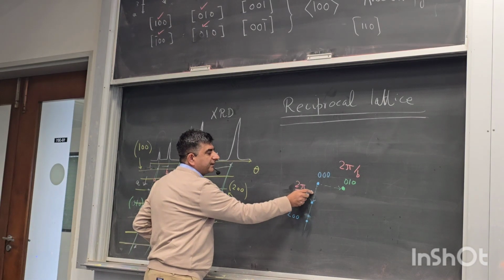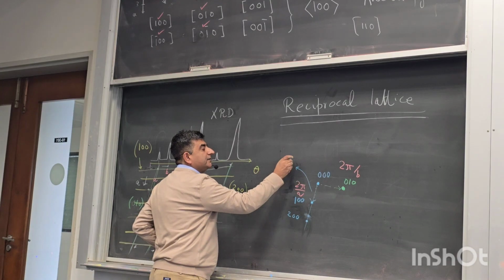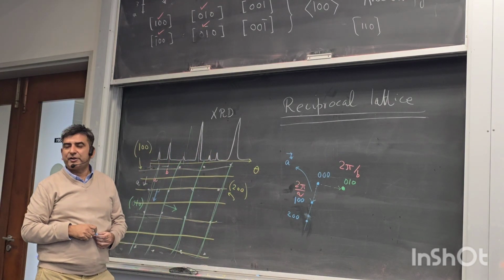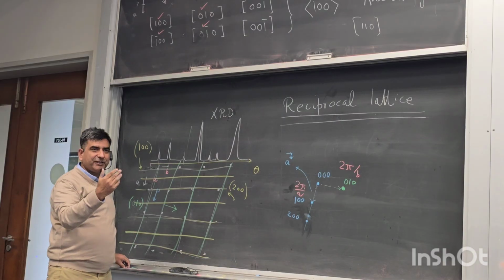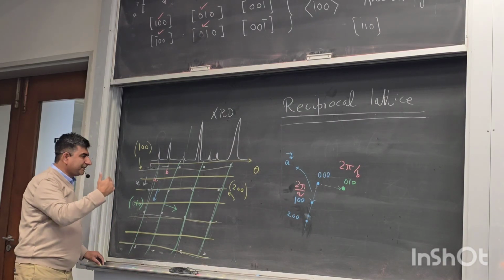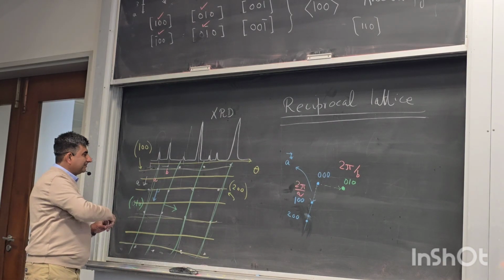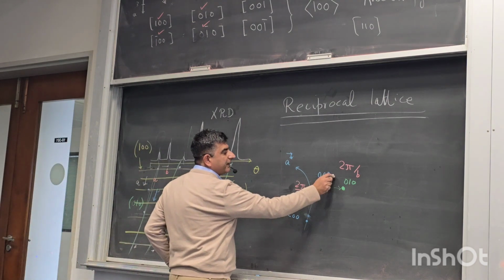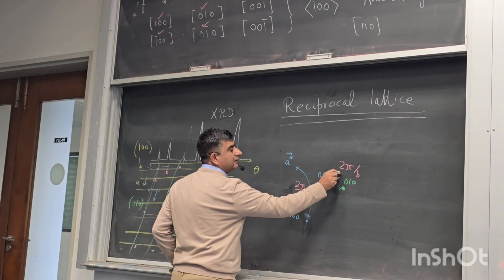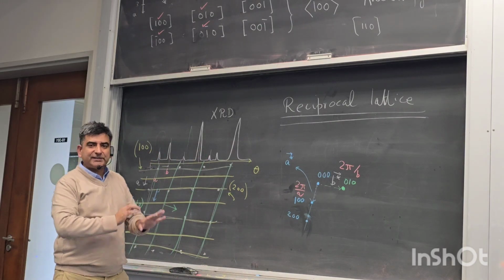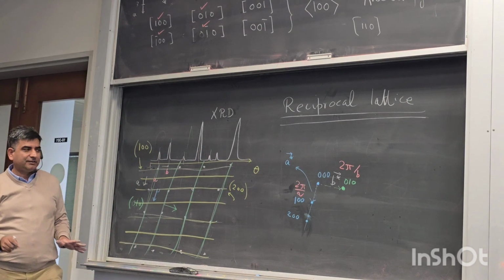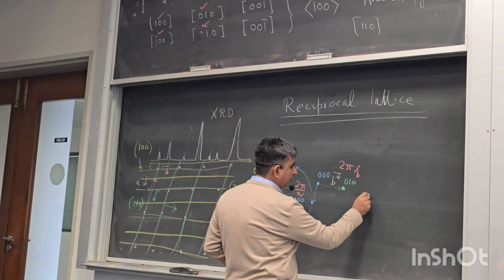Let's call this vector A star, corresponding to the direction that is normal to the planes that do not intersect with A. And let's call this unit vector B star. Okay? So this entire reciprocal space can be built. And let me draw this reciprocal space.